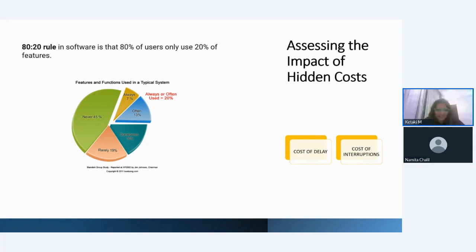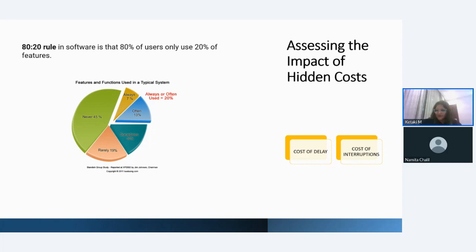Now, another way to think about this is really the Pareto principle, the 80-20 rule. I'm going to talk about software because that's my area. The 80-20 rule in software is that 80% of users only use 20% of the features. This is one of the kinds of hidden cost.